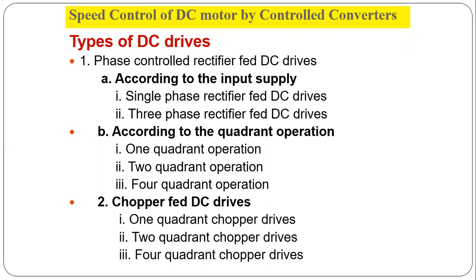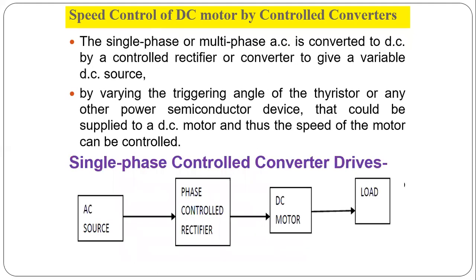And the second type is the chopper fed DC drive, that is the one quadrant chopper drive, two quadrant chopper drive, and four quadrant chopper drive. So these are all about the types or classification of DC drive.